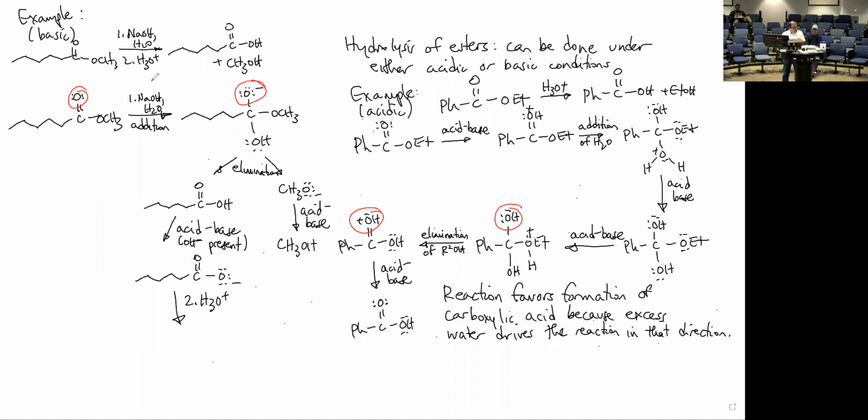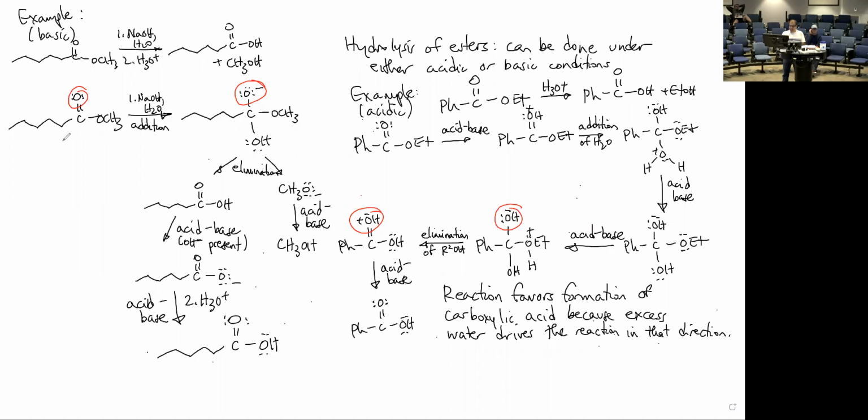And then once the leftover OH- is gone, it's going to put the proton back on the carboxylate. So this is going to be another acid-base step. And then we're done. So that's what saponification or hydrolysis under basic conditions looks like.